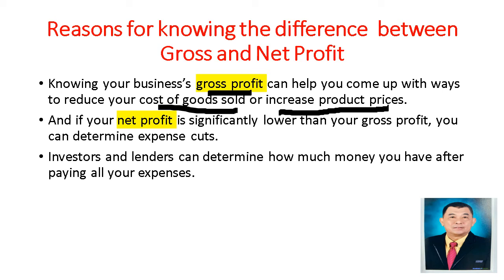All right. So there are ways and means, no? Like for example, the direct labor cost. There are some companies that are, you know, hiring contractual workers to bring down the cost of their salaries and wages, because once you are using contractual workers, there is no benefit.